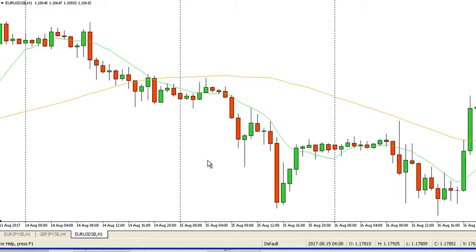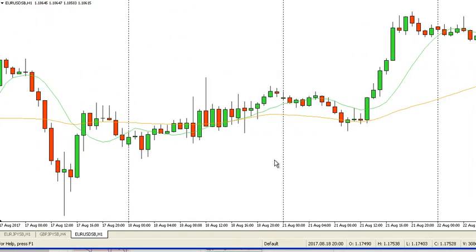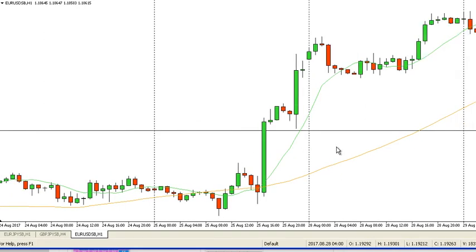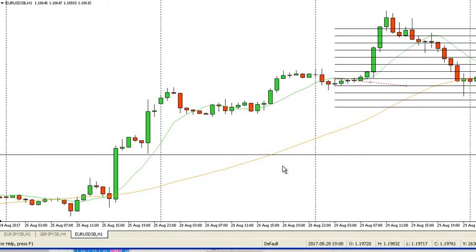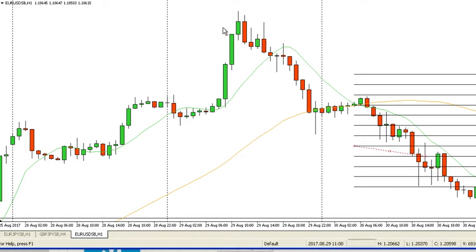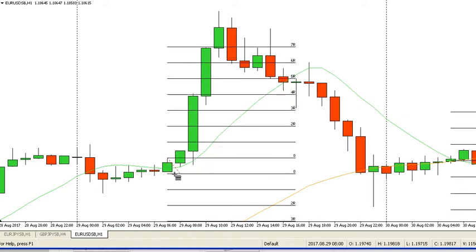Now, the last thing I wanted to talk about was this idea of trailing stops. And let me find a nice example. Okay, here we go. This is quite a nice example. So what we're doing is we're aiming for 4-to-1 risk to reward. So let's consider this entry here.